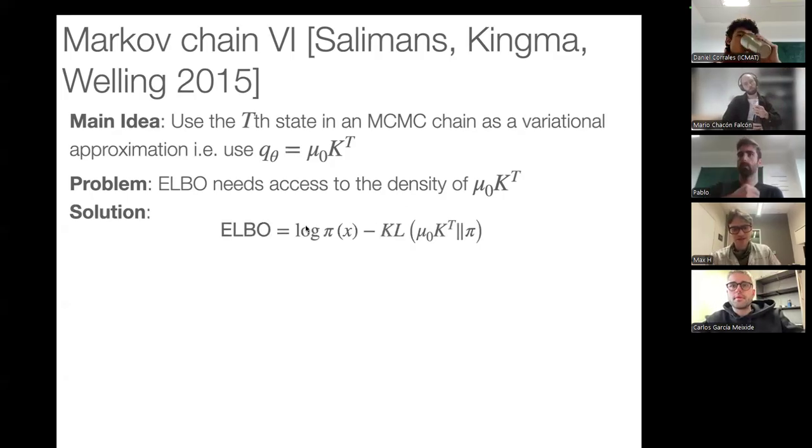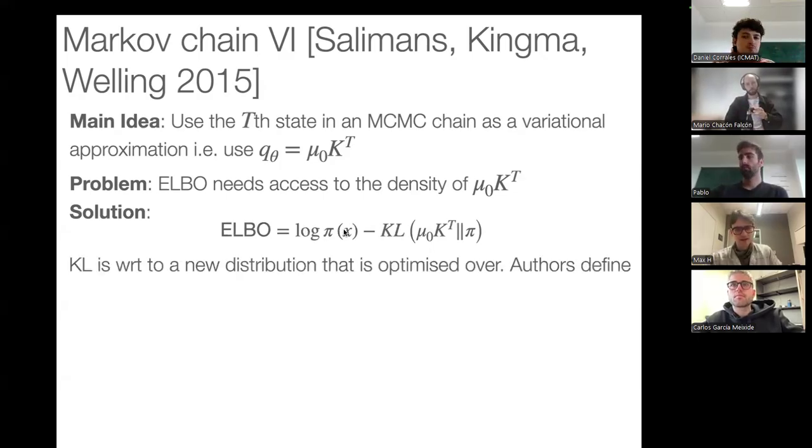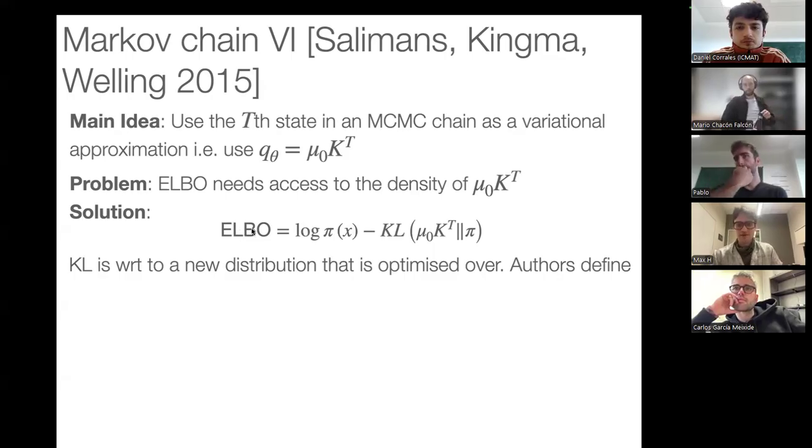And so the solution that the authors work out is fairly mathematical, but it's analogous to the way that the original ELBO is constructed. You notice that the original ELBO is constructed like a constant minus a KL between the variational distribution and the target.